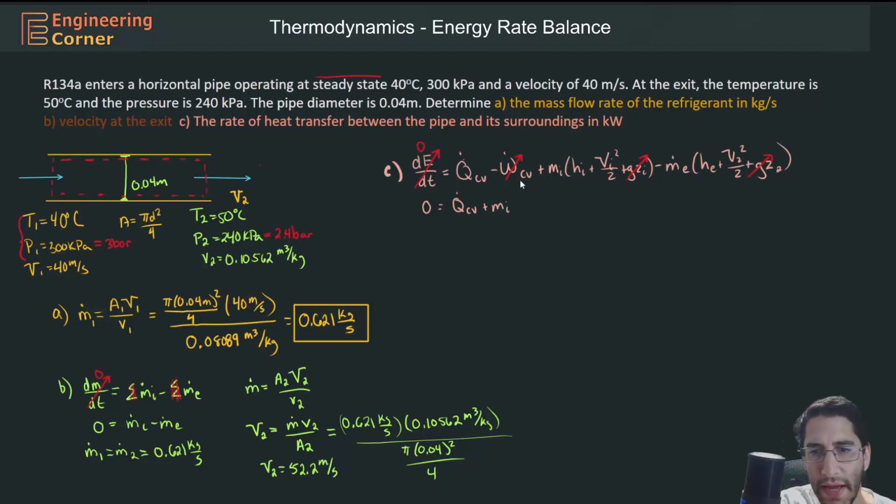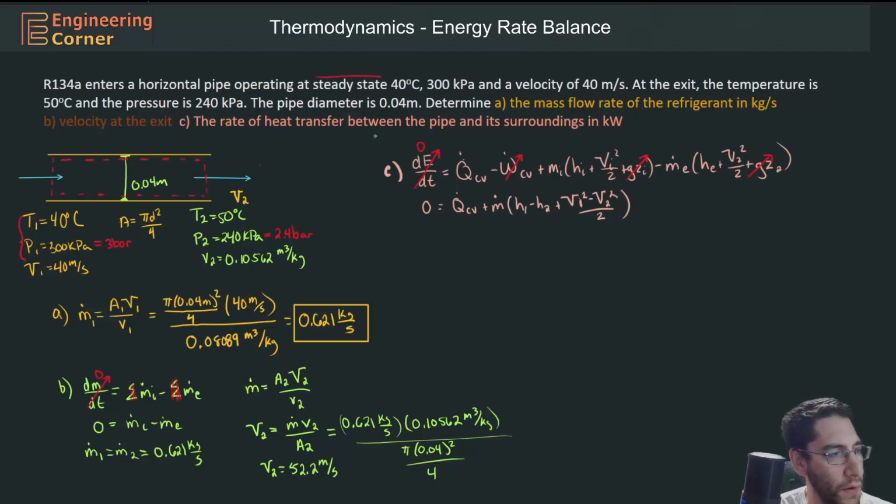Well, the last thing we know, as we looked at here, is that the mass flow rate of my inlet is equal to that of my outlet, so we can just call that m dot, times (h1 minus h2), if I adopt state 1 as my inlet and state 2 as my outlet, plus (V1 squared minus V2 squared) over 2, and that's what we have.